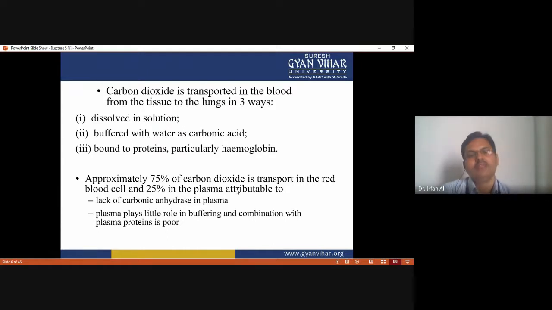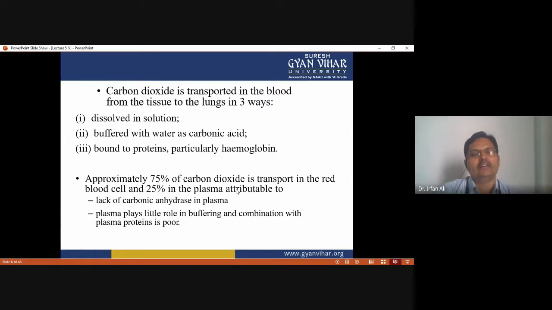Approximately 75% of carbon dioxide is transported in the RBCs in bound form with hemoglobin, and the remaining 25% is transported in dissolved form in the plasma, attributable to the lack of carbonic anhydrase in the plasma.